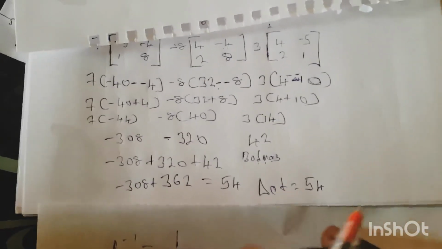Now we are going to look for the inverse. So for us to get the inverse, it's 1 over the determinant. So A inverse is equal to 1 over the determinant, and our determinant was 54.